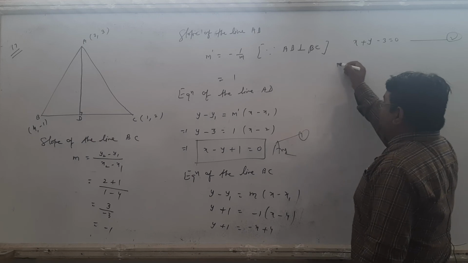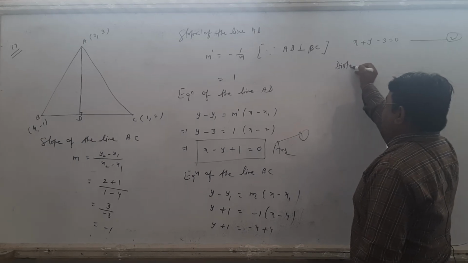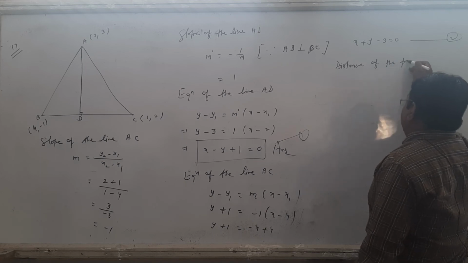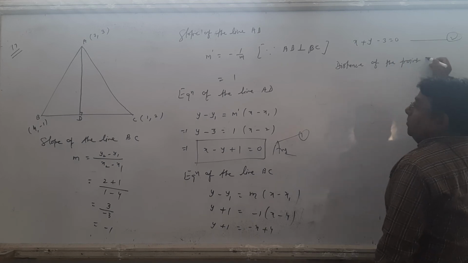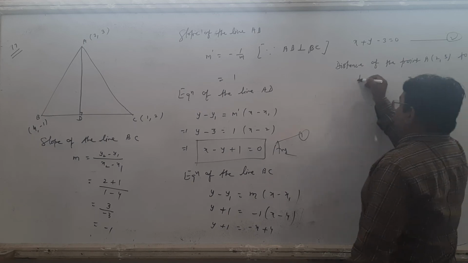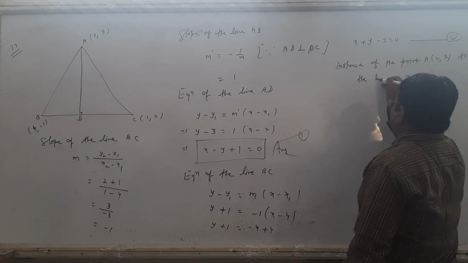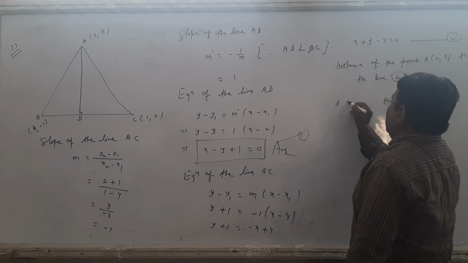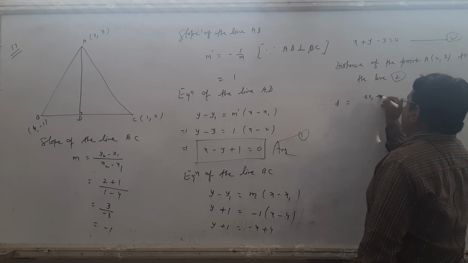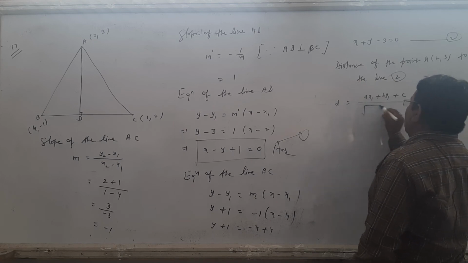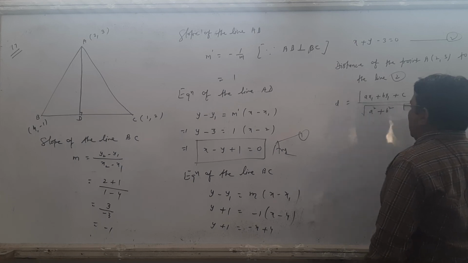And now the distance of the point A(2, 3) to the line. So the formula is |ax1 plus by1 plus c| upon under root a square plus b square.